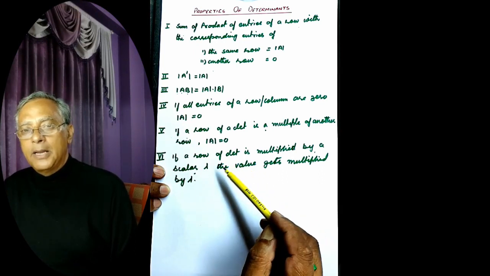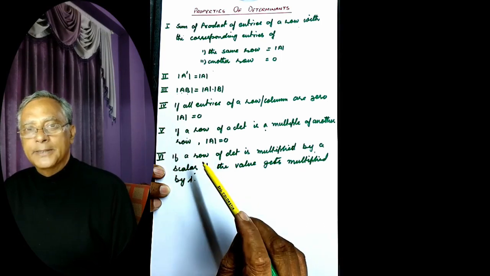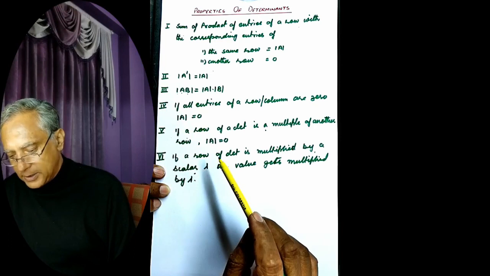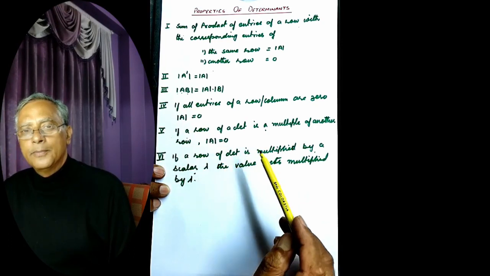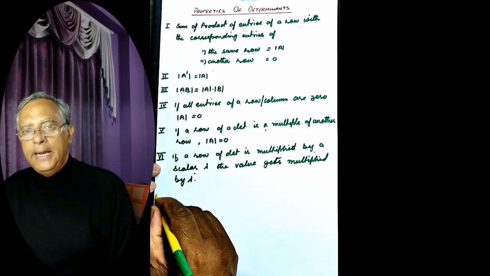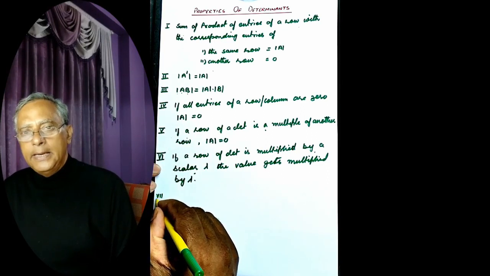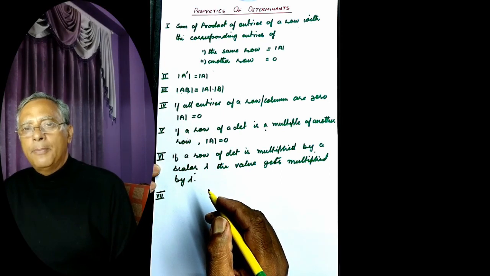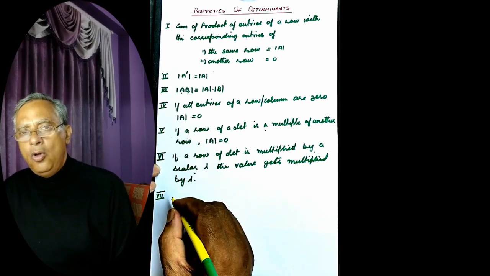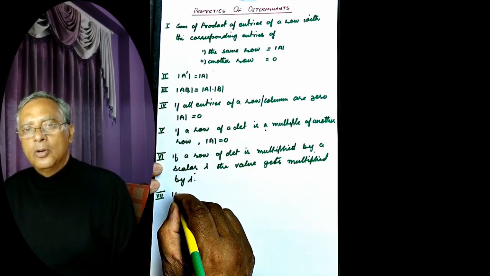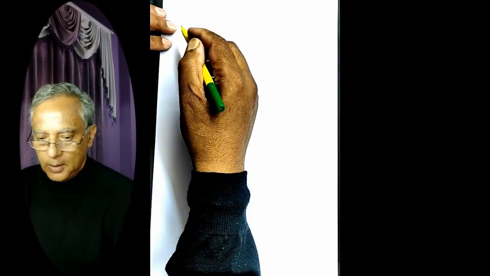It will get multiplied by lambda thrice. So the difference is, if you multiply a matrix by lambda, you have to multiply each and every entry of the matrix by lambda. And in case of a determinant, if you want to multiply a determinant by lambda, multiply any single row or any single column by lambda.